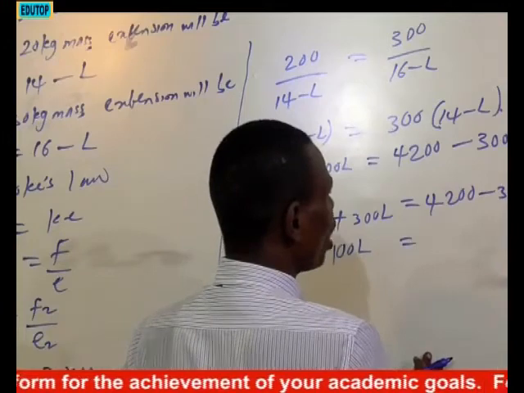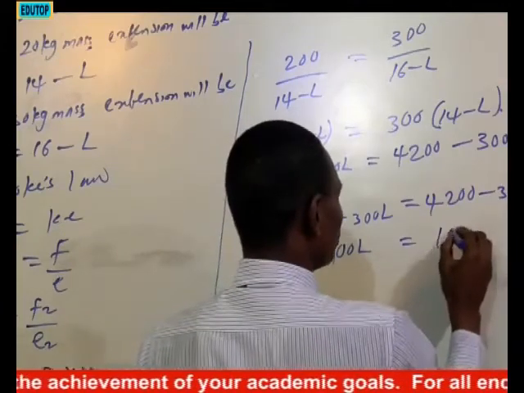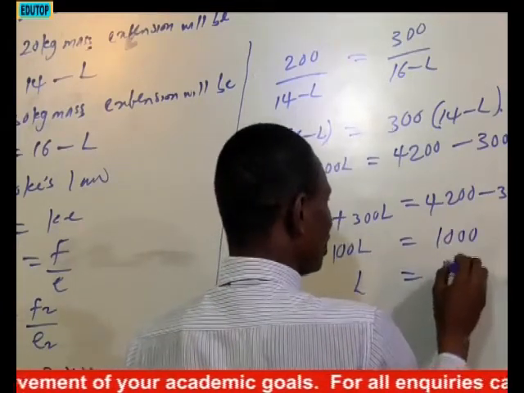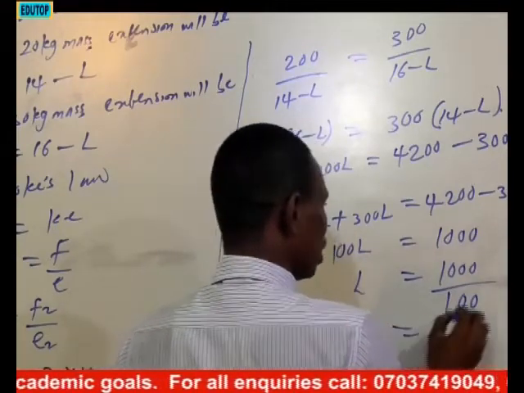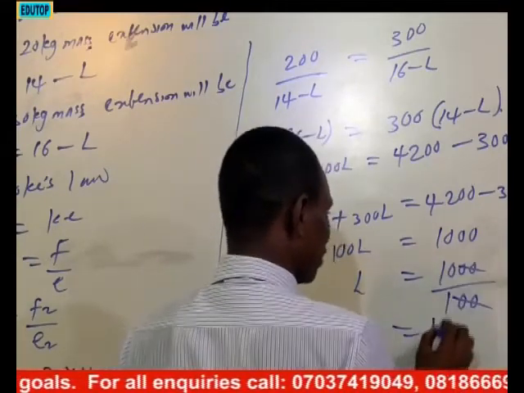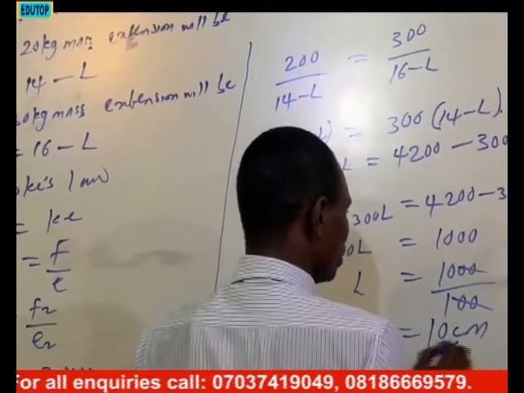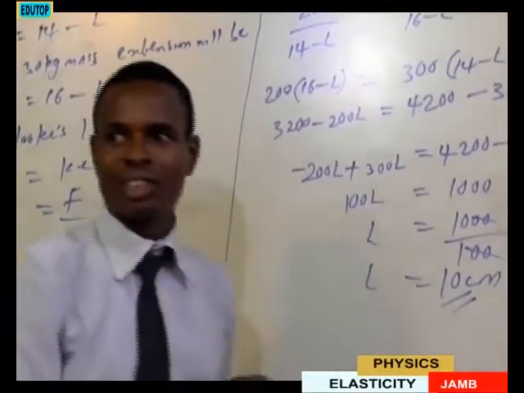We are going to have 1,000. So that L will be equal to 1,000 divided by 100. And if you try to count, we have 10 centimeter. 10 centimeter.